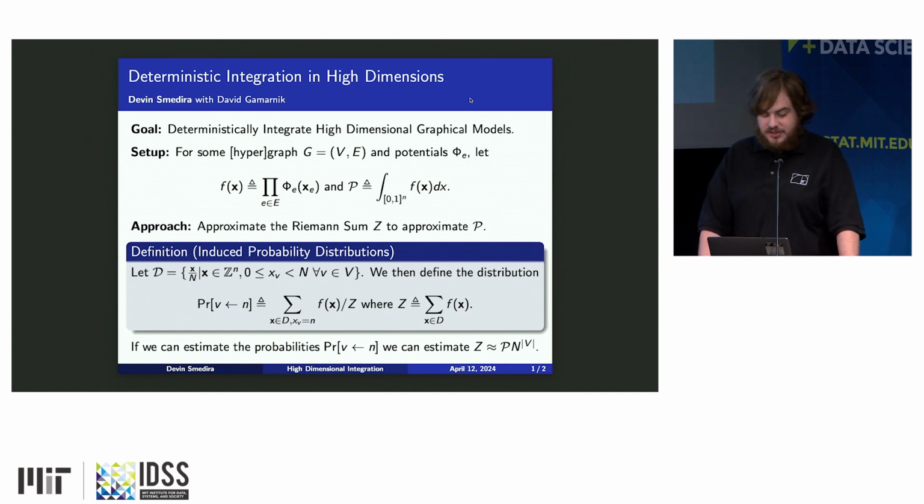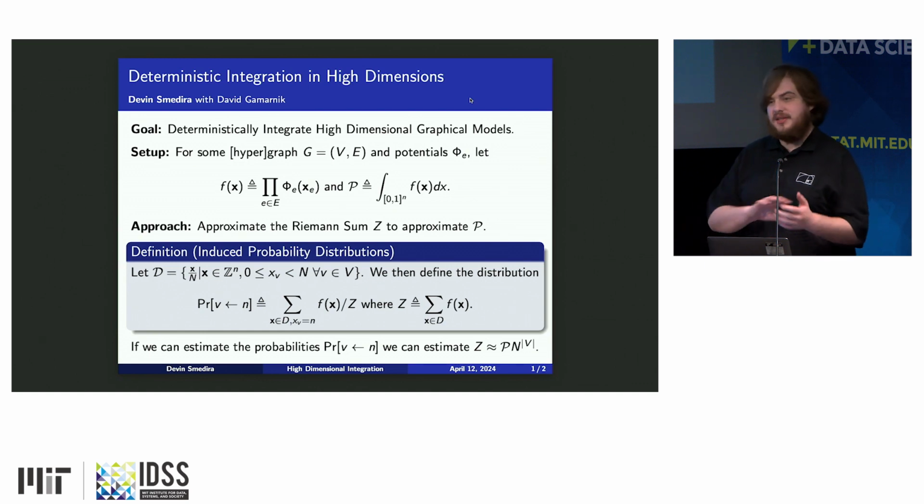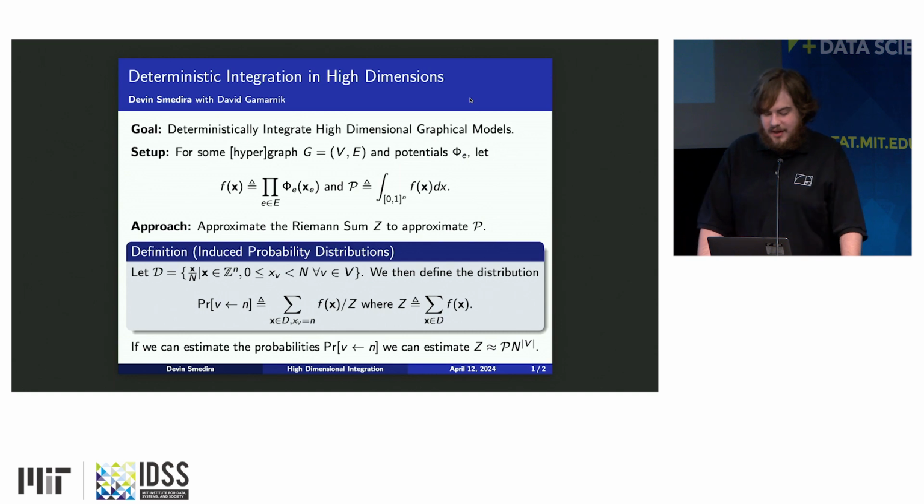The first step is we define this induced probability distribution, where we discretize the set and look at all the points in the Riemann sum over the set, and define a probability distribution that is at each point in the discrete set the relative value of the function at that point divided by the total value. We observe that if we can estimate these probabilities, we can estimate the value of the partition function, or the Riemann sum, as the case may be.